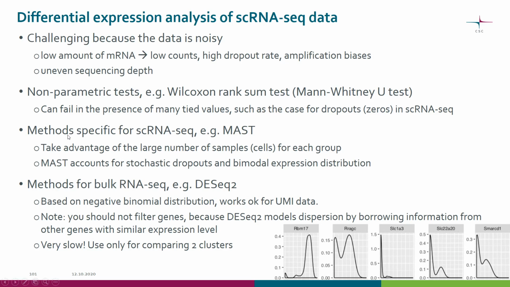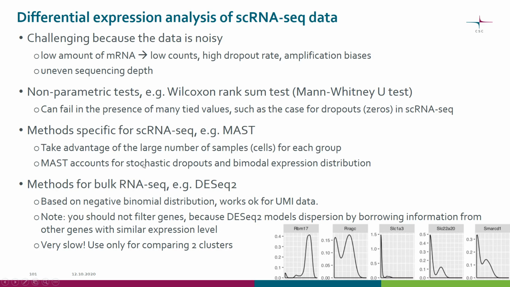Then there are methods which are specific for single-cell data, such as MAST. These methods can take advantage of the large number of samples for each group. So effectively a cluster is considered as one group, and then you have many cells in that cluster, so many samples.